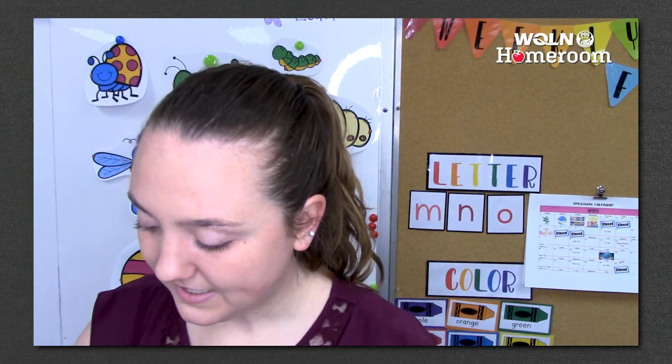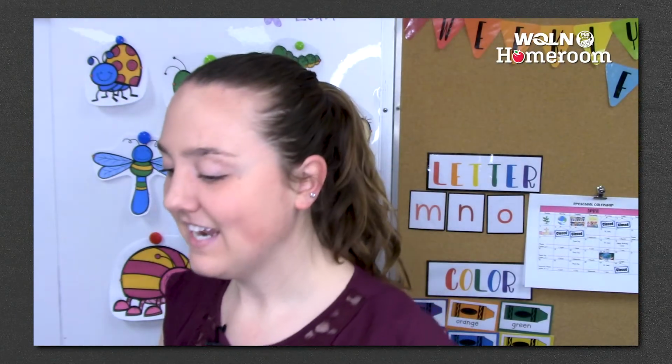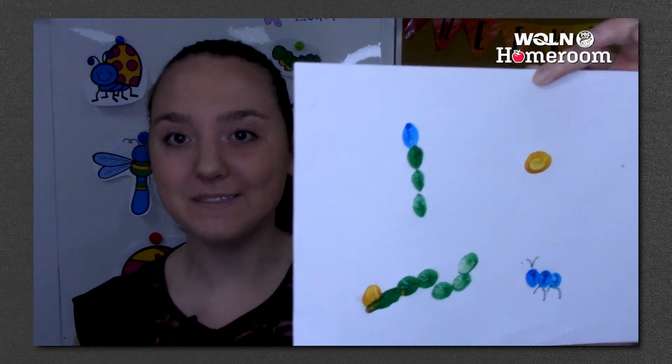So I'm gonna put his head at the top, and then I am gonna add 3 parts to his body. So I'm going to wipe off my finger and then take the green and add 1, 2, 3 parts to my dragonfly's body.